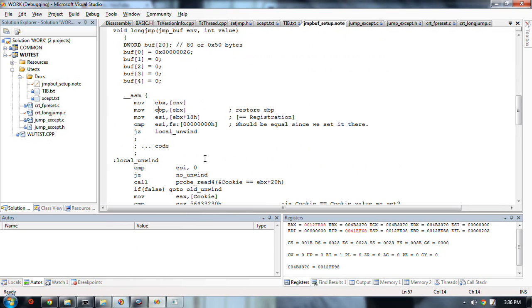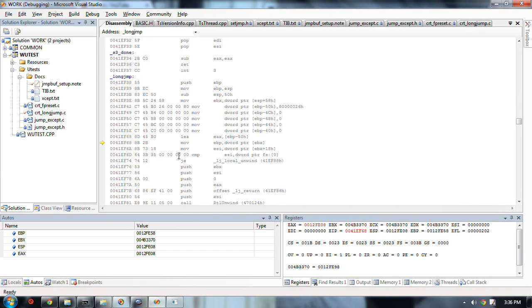Here's my code. I've left that part out. Okay, well, we restored the base pointer from bx. Oh, that was here. So we restored the base pointer.